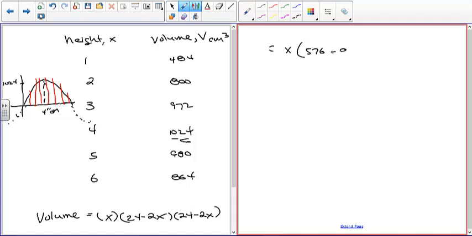So you get minus 96x plus 2x times 2x is 4x squared. And then you can multiply by x everything, and I'm going to put the biggest terms first. So you get 4x cubed minus 96x squared plus 576x. So that's the function. The volume is a function of x.